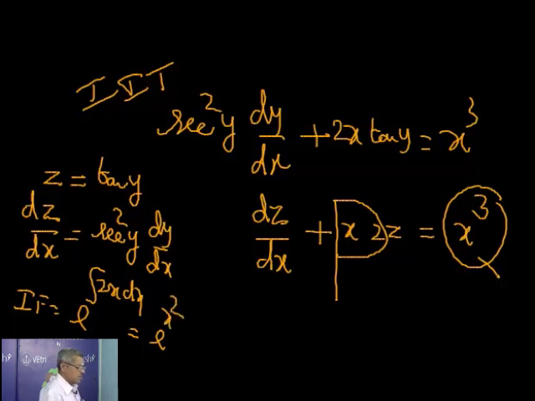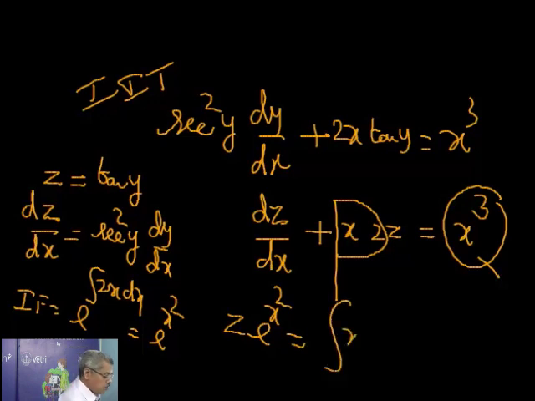Therefore, the solution is z into e power integral p dx, e power x square, is equal to integral q, q is x cube, e power x square dx, plus c.